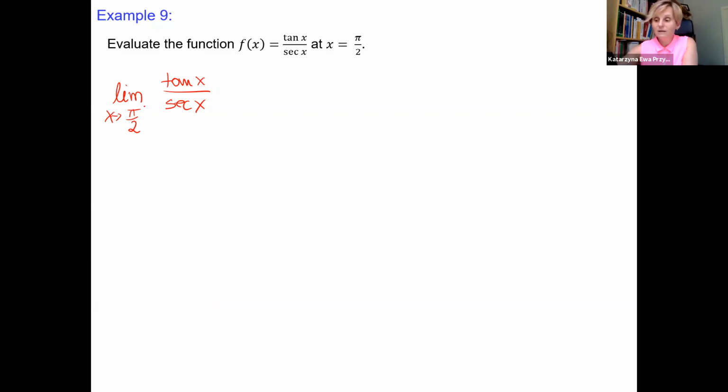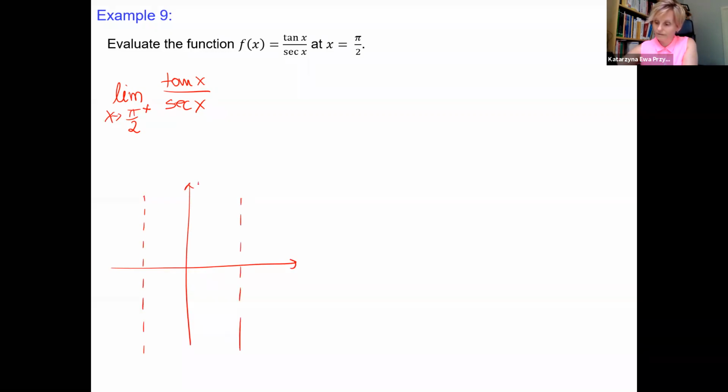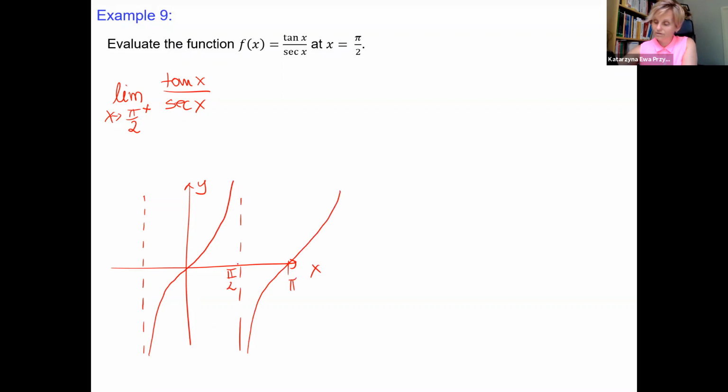First of all, let's compute at pi over 2 from the right-hand side, just thinking about tangent. Tangent looks like this. This is pi over 2, and of course, it's a periodic function. This will be negative pi.